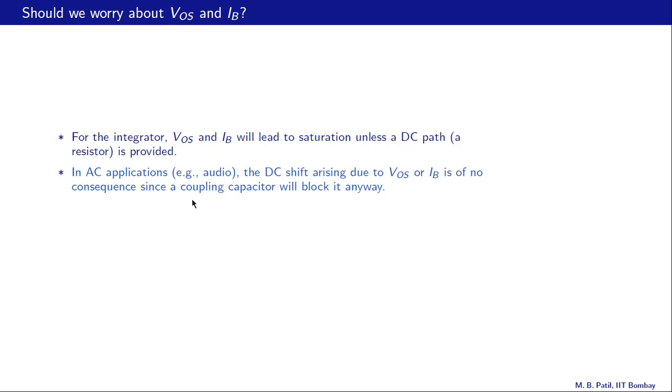So that DC shift really will not have any effect on the output. So in these situations, we really don't need to worry about the effect of the offset voltage or the bias currents.